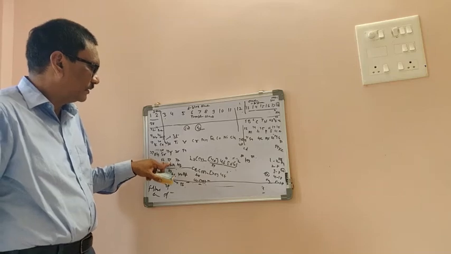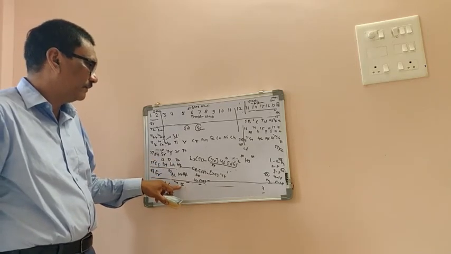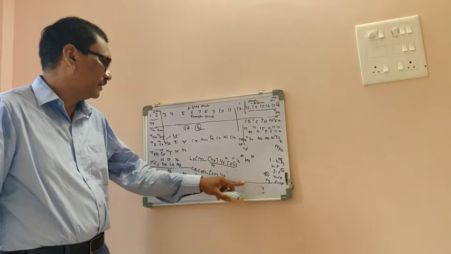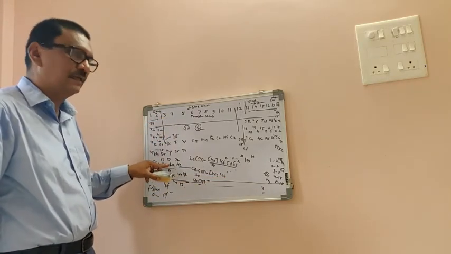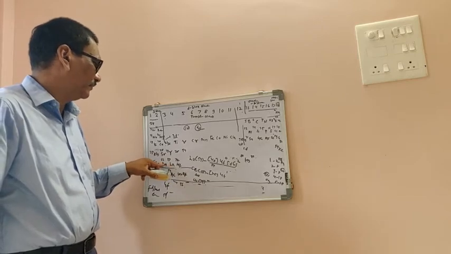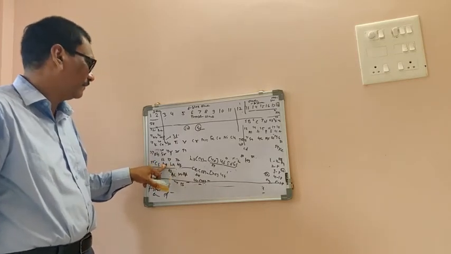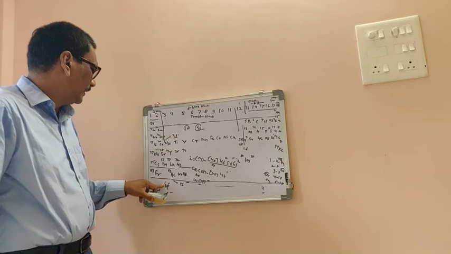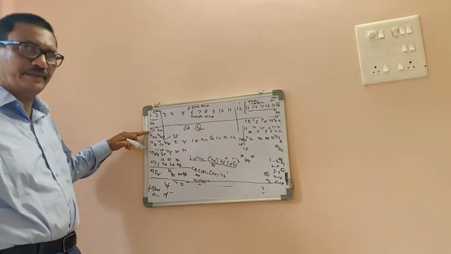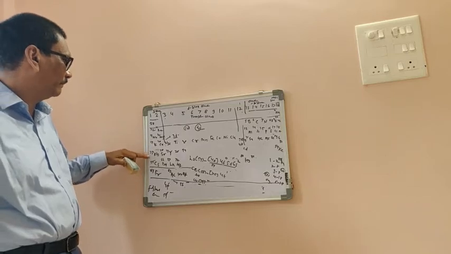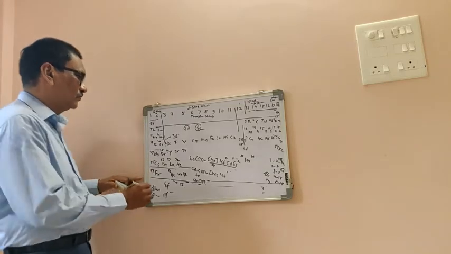So from lanthanum, then cerium to lutetium, all the elements are placed in the same group where lanthanum is placed, that is after barium. And then in which period are they? So first period, second period, third period, fourth period, fifth period, sixth period.